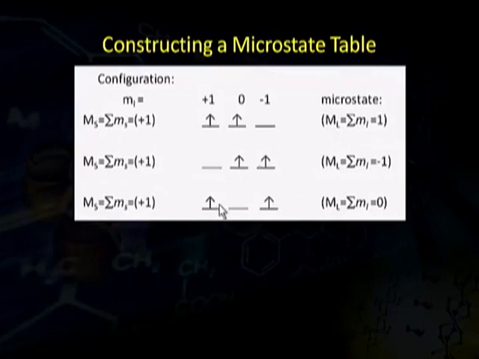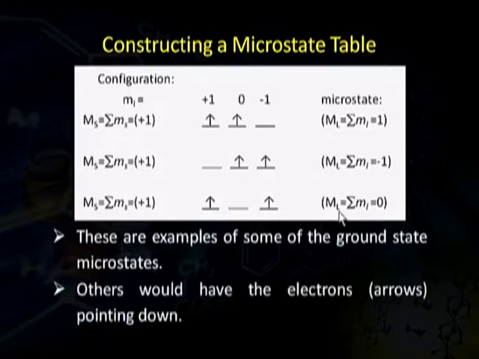For the third configuration, the Ms value is plus 1 because both electrons are pointing upward, in the same direction, each contributing plus half. The Ml is equal to 0, because plus 1 and minus 1 add up to give an Ml value of 0. These are examples of some of the ground microstates.